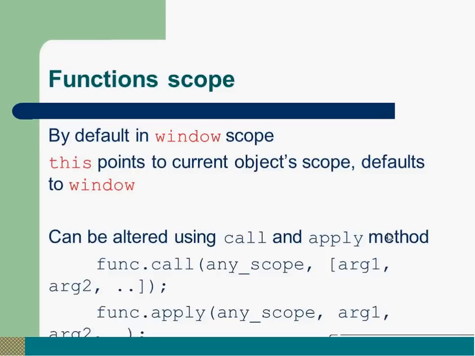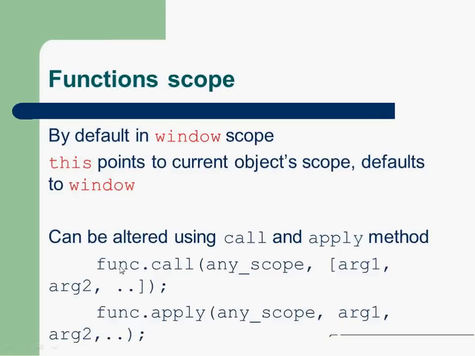So you can call any function using dot call. Any function dot call, and then you give any scope. The scope is always an object, and you can provide multiple arguments.